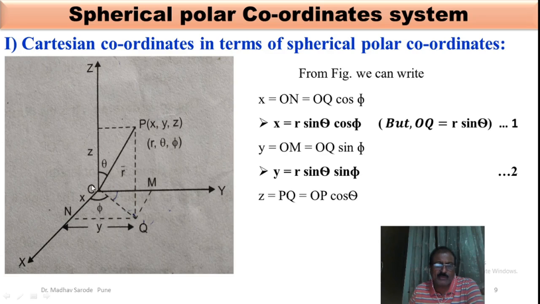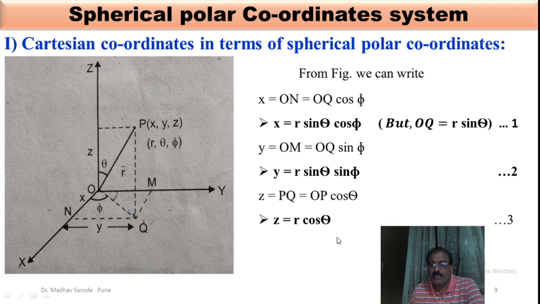Therefore z equals r cos theta. This is the third transformation equation.